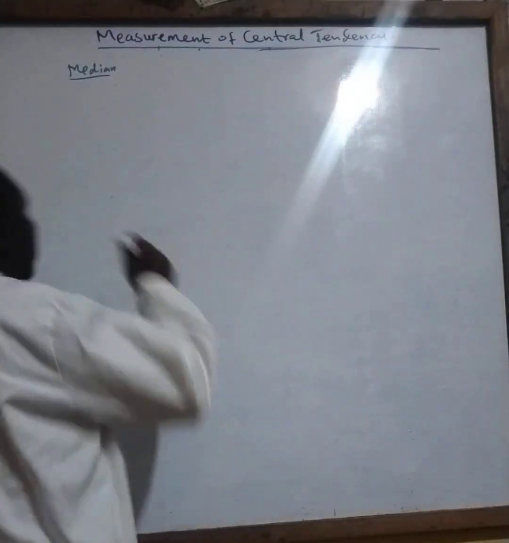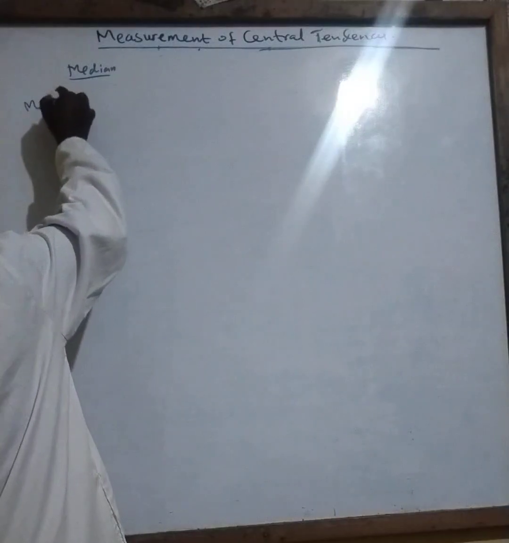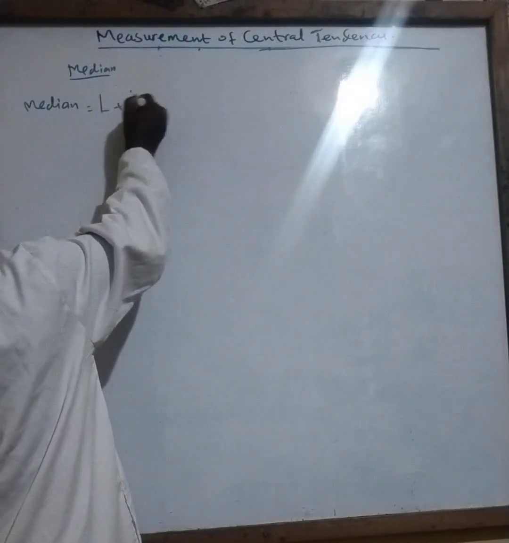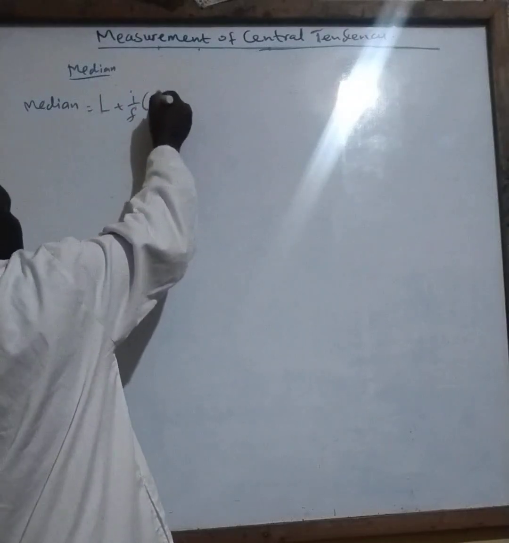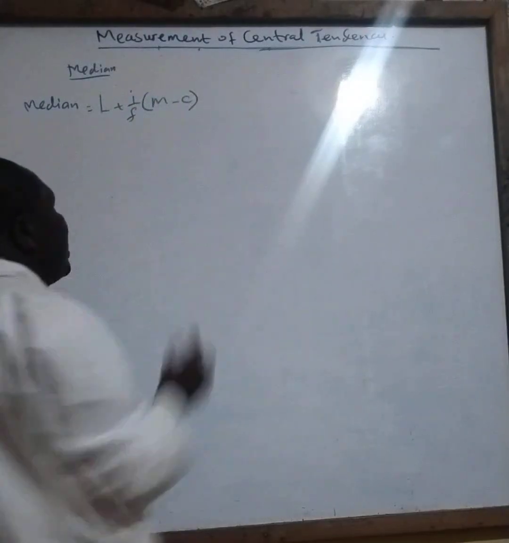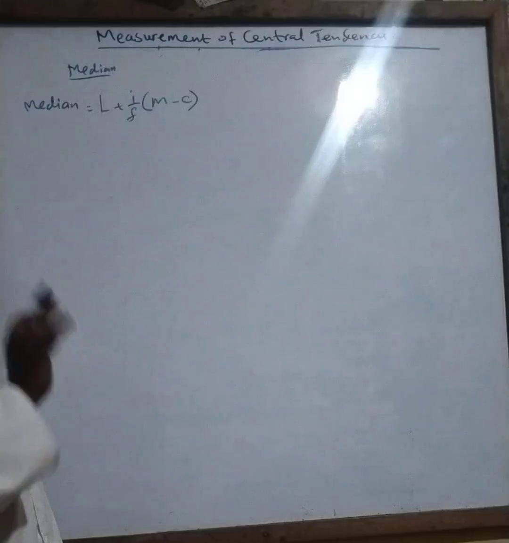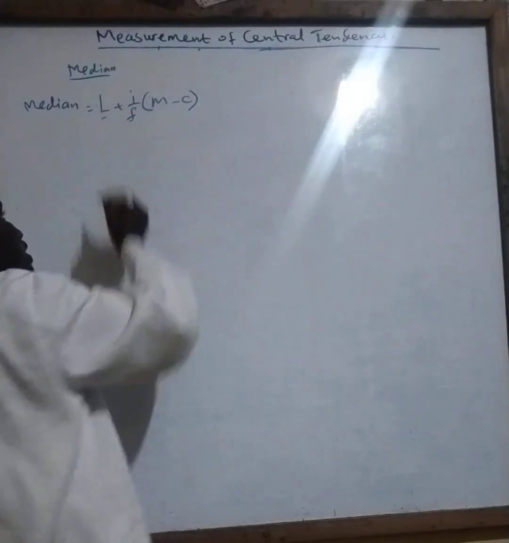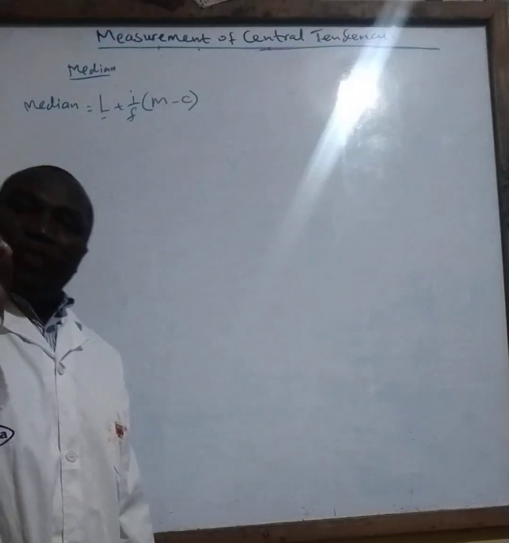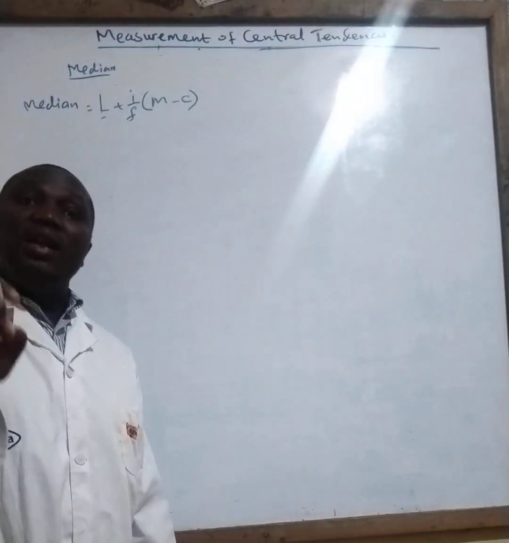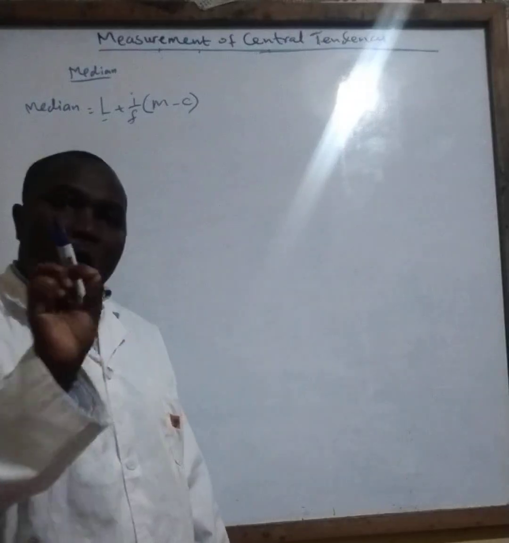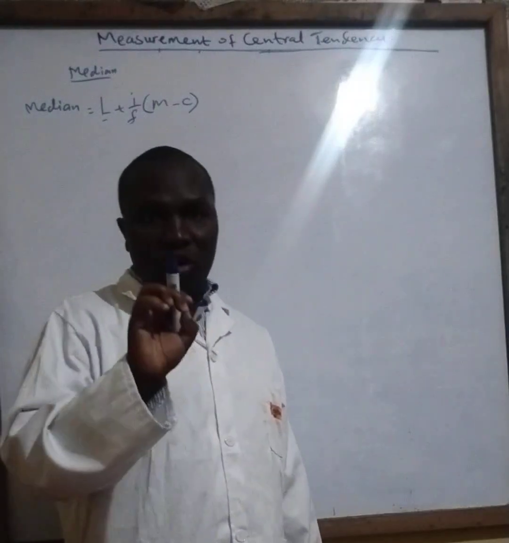For us to calculate the median here, for that case, we normally say L plus I over F into M minus C. What is very important from this formula is to understand what each letter stands for. Now, L here stands for the lower value of the middle class, which I'm going to demonstrate.